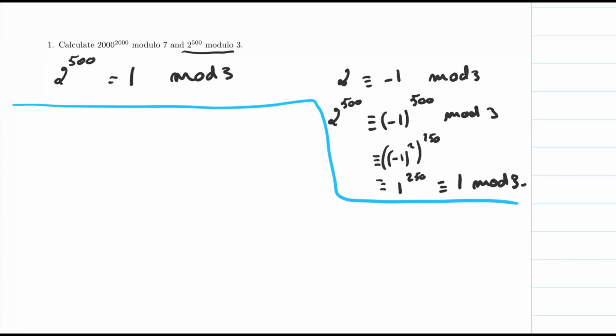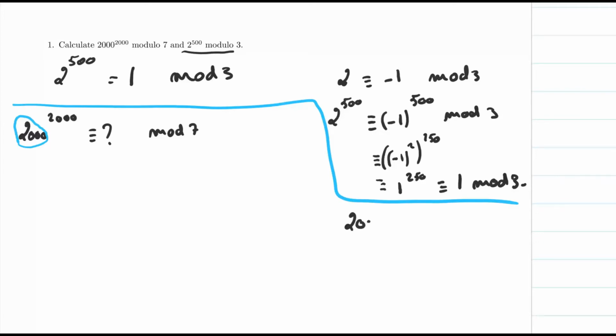Now for the other question, what can we say about 2000 to the power 2000 modulo 7 this time? The first thing I'll do is write, instead of this number, a smaller one. So I find the congruence class of 2000 modulo 7 first, by dividing 2000 by 7.